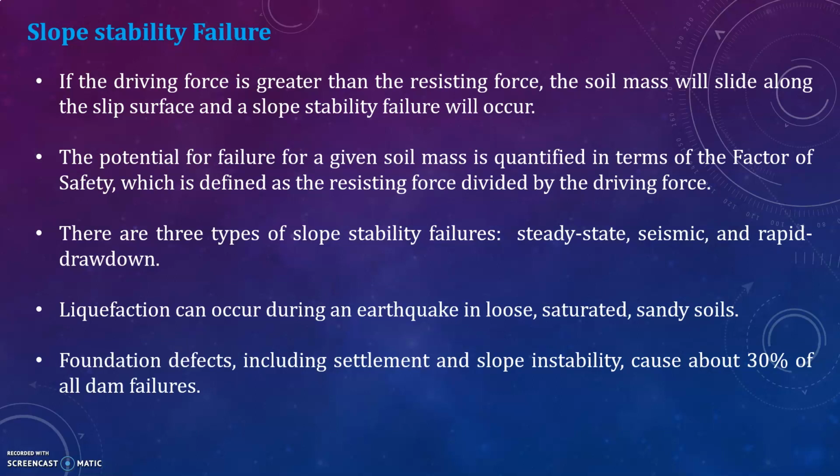Also liquefaction can occur during an earthquake in loose saturated sandy soil. Liquefaction means the soil behaves like a liquid; it loses its shear strength properties. Foundation defects, including settlement and slope instability, can also cause slope stability failure. Around 30% of failures happen due to this type of failure.